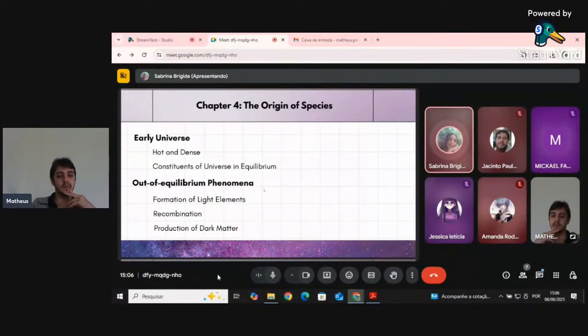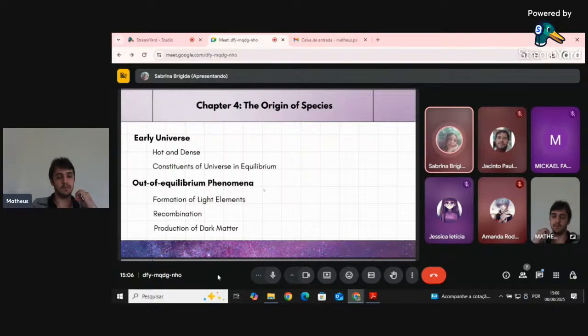The early universe, as we know, was dense and hot, with particles interacting with each other much more often than they do today. The main interactions between particles keep the components of the universe in equilibrium.